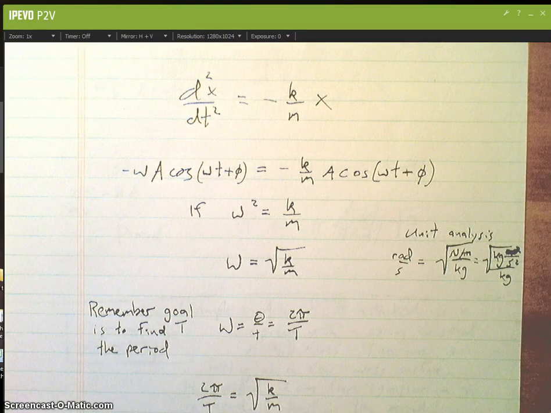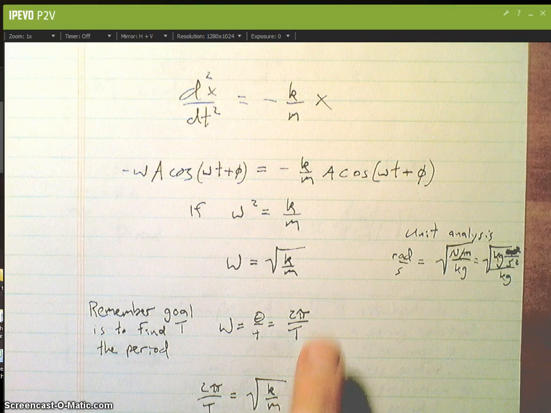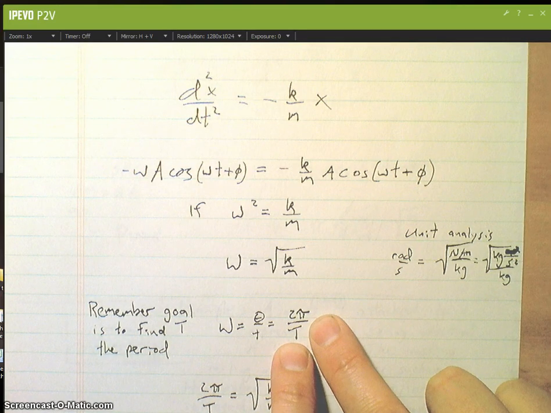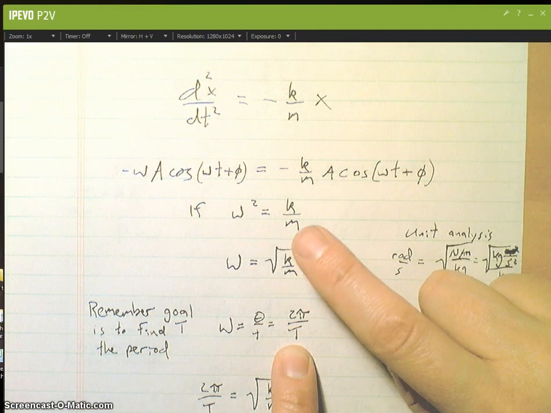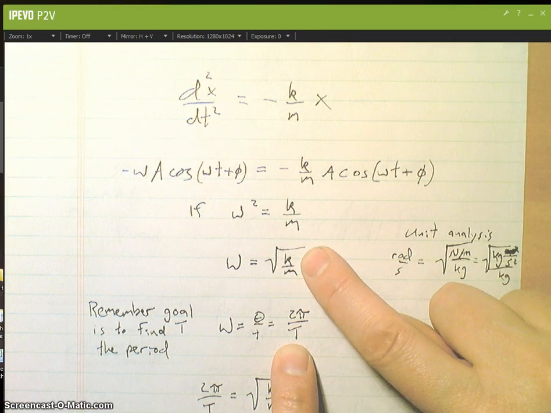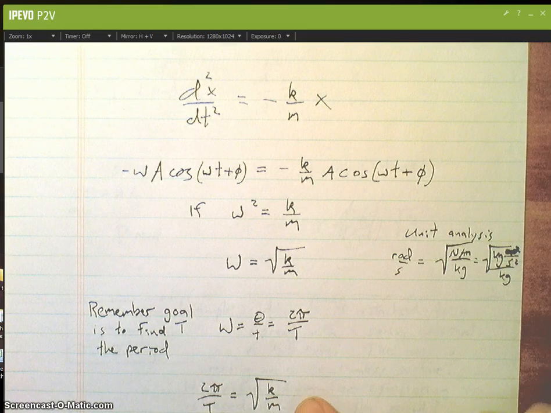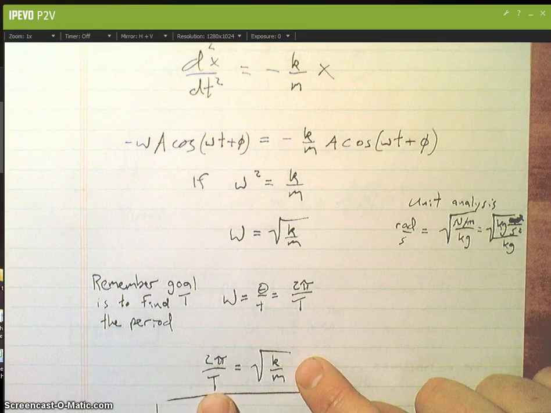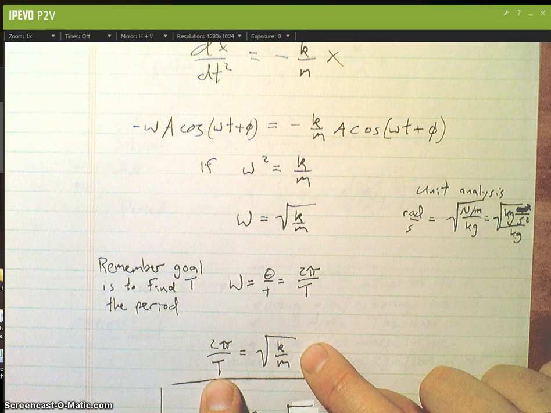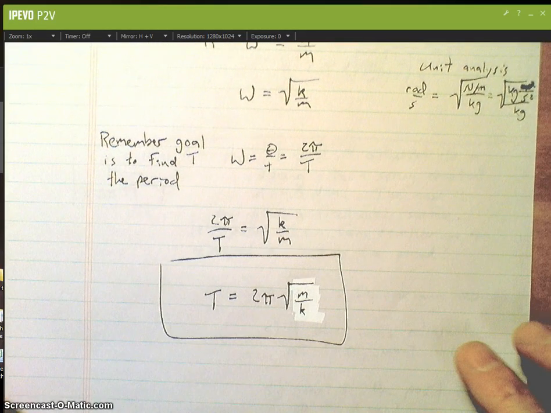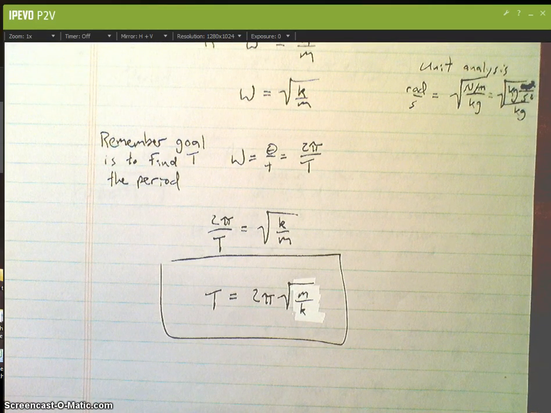The period, the time for one revolution. So that's 2 pi over T. So we can take this 2 pi over T and set it equal to the square root of k over m. I solve this equation for T, and I get this lovely T is equal to 2 pi square root of m over k.